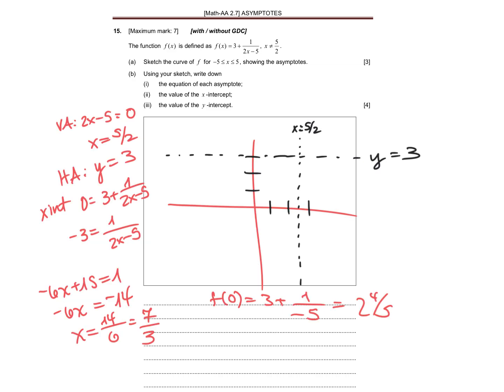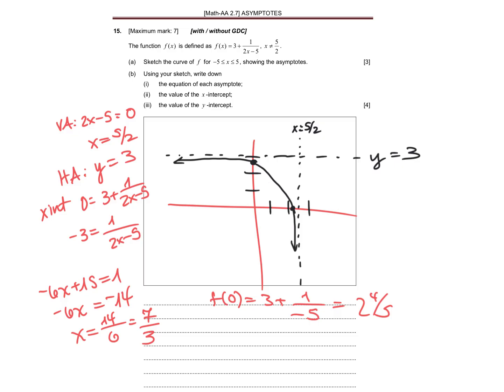And then we have the y-intercept. Oh, wait. Sorry, I did that wrong. The y-intercept is 2 and 2.8. So it's looking like this. And the x-intercept is 2 and 1/3. So like here.